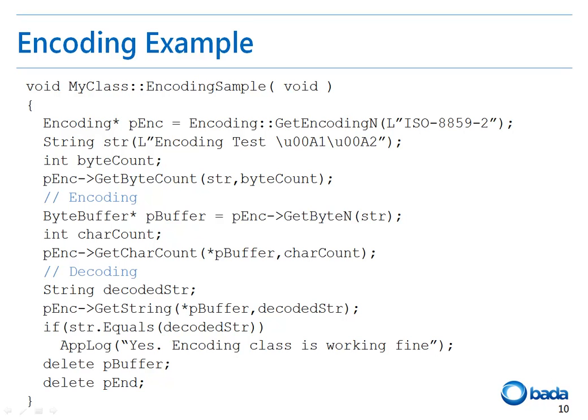Finally, I compare the decoded string and the original string, and if the strings are the same, the "Yes, the encoding class is working fine" log message is output. Of course, when this source code is executed, the "Yes, the encoding class is working fine" log message will be displayed.